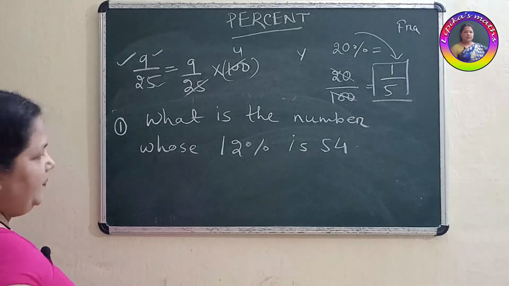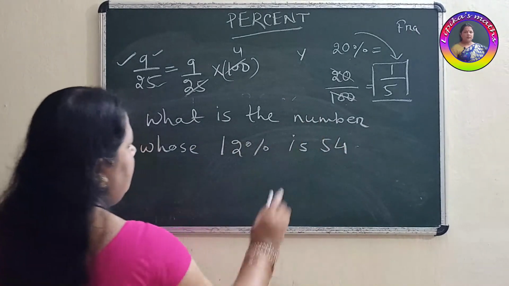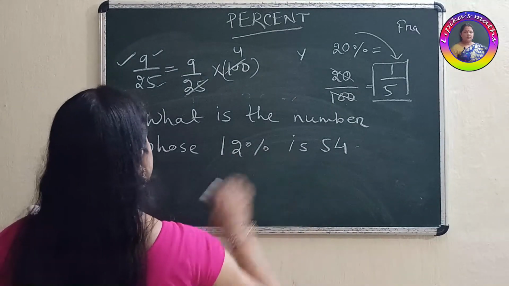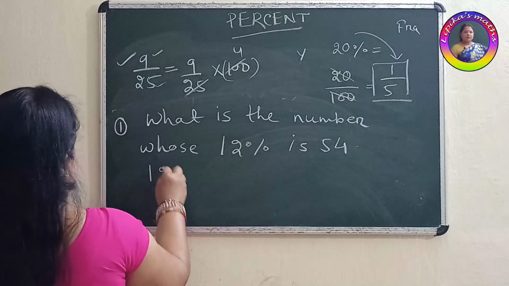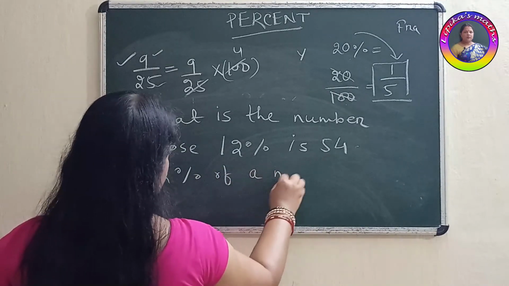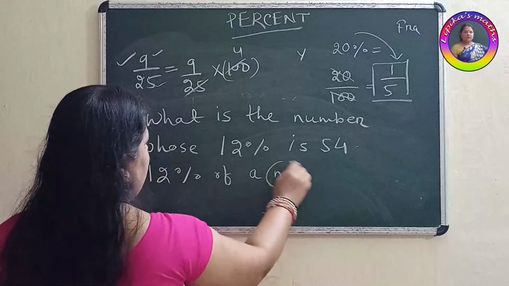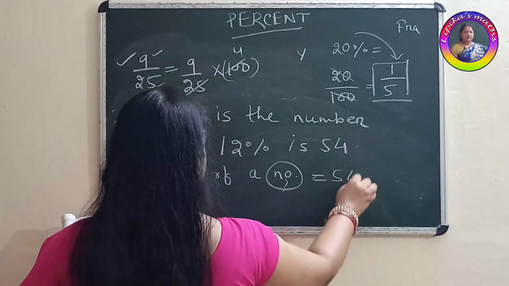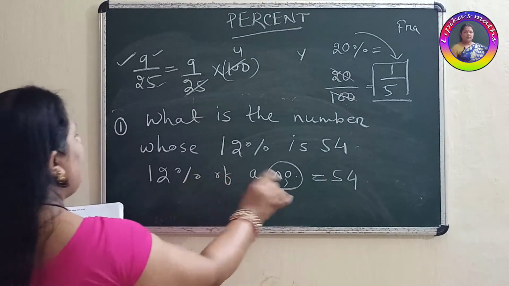This is one question. What is the number? The number is what you need to find out. Whose 12% is 54. So 12% of a number. The number you don't know, this part is a question mark. Clear? Equal to 54.